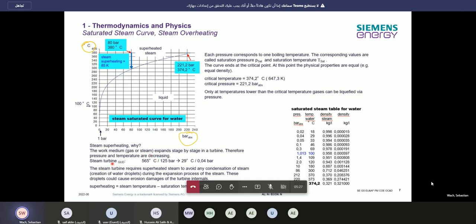In this example, you get in with 565 degrees Celsius and 125 bar, and probably on the outlet of the LP turbine, you come out with 29 degrees Celsius and 0.04 bar. That's a pretty low value, and all the time you want to make sure that, as best possible, the steam is still superheated.